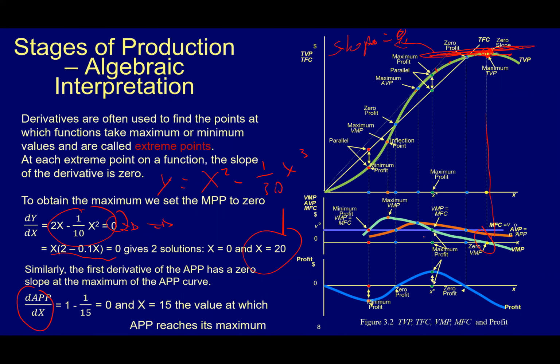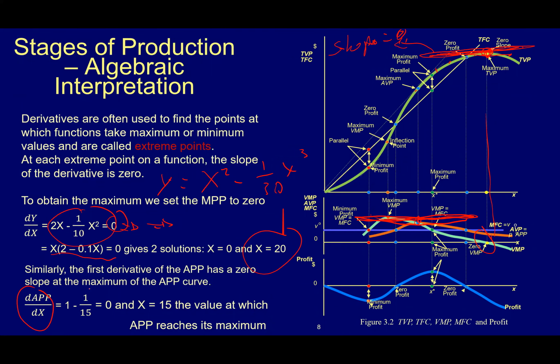The average physical product is at its maximum over here, as I'm drawing. So we are going to set the slope of the average physical product equal to 0.